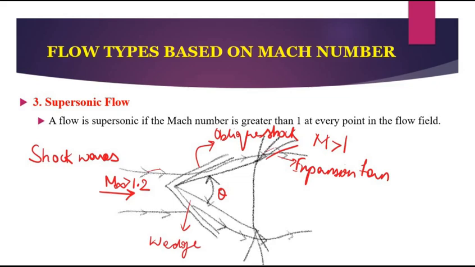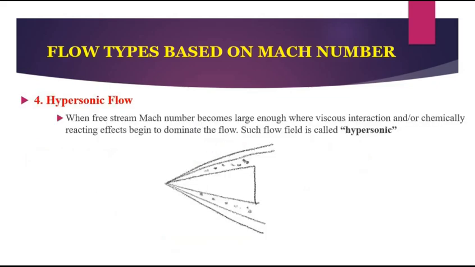The last type of flow that we have is the hypersonic flow. Now, we saw subsonic flow where M is less than 1. Then we saw transonic flow where we have a range of Mach number.